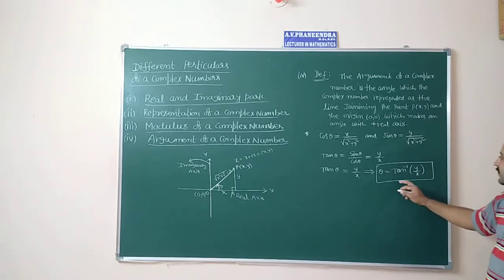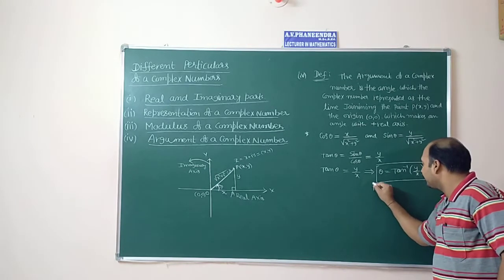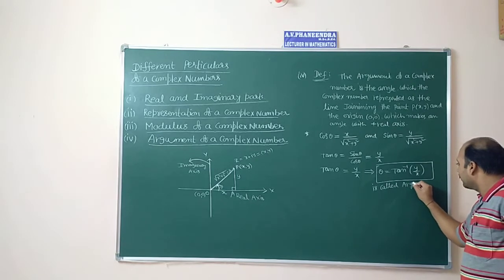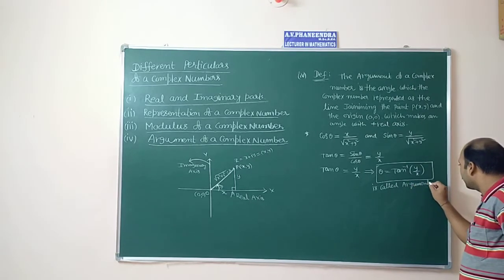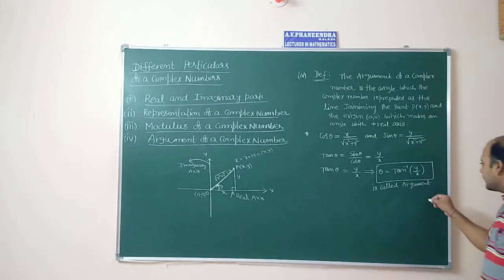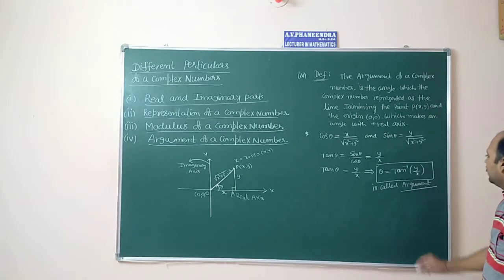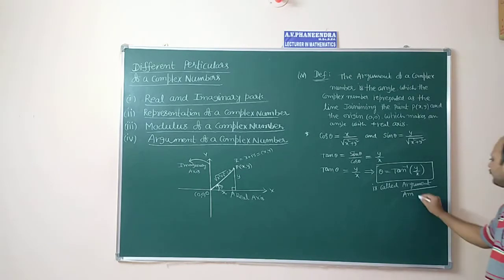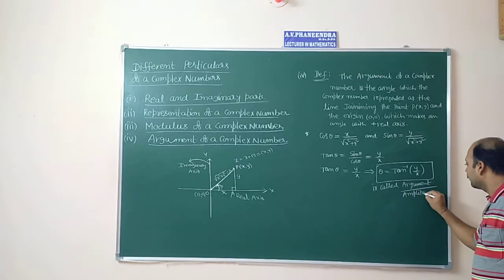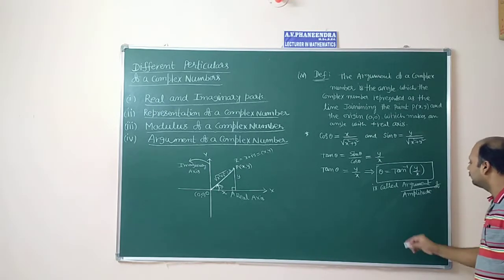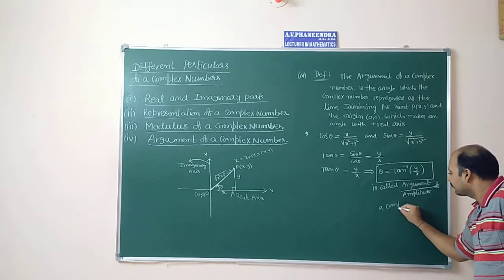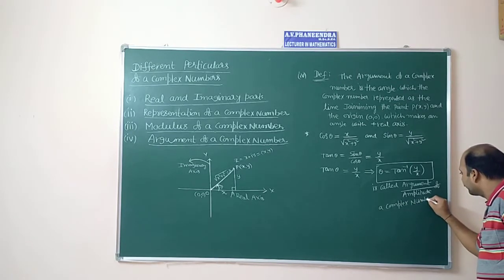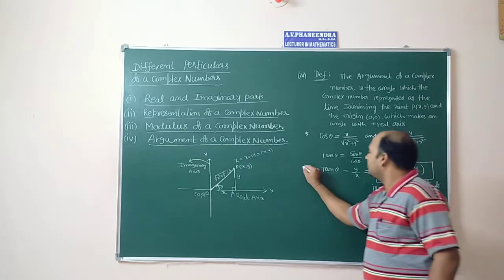Z is equal to x plus iy. This is called the argument of a complex number, or in other words, the amplitude of a complex number. So these are very important.